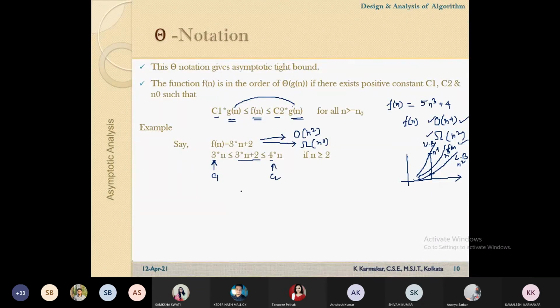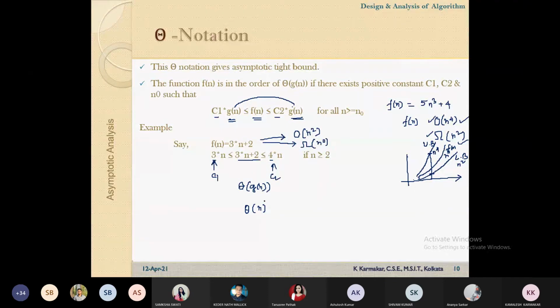If we can represent it in this way, then the complexity of this function will be big theta of g(n). Here g(n) equals n, so the complexity of this function will be big theta of n.